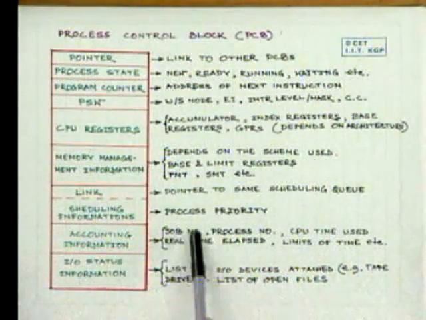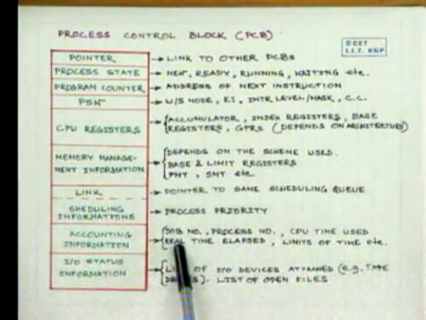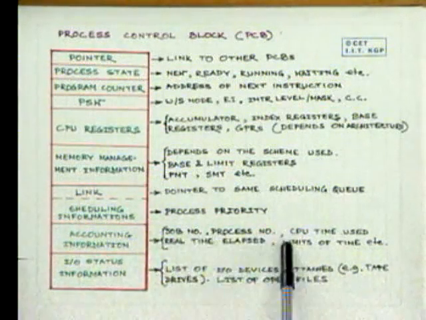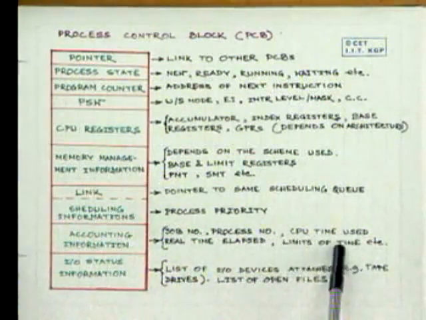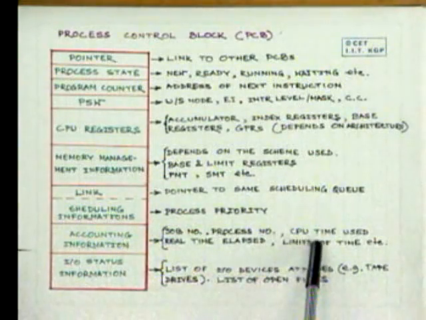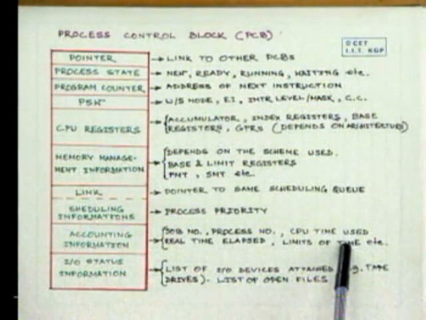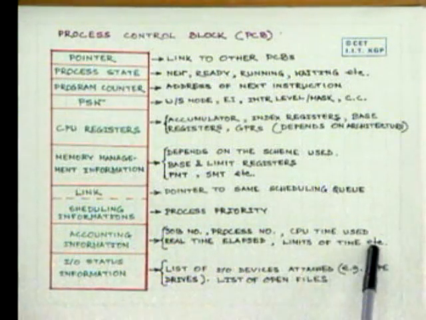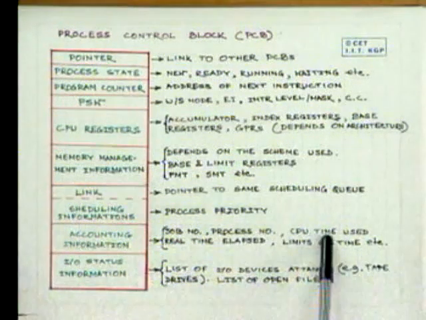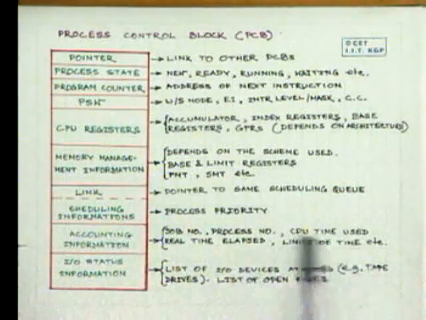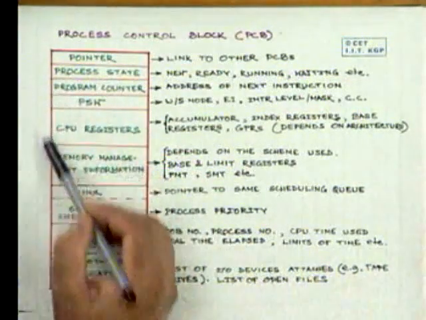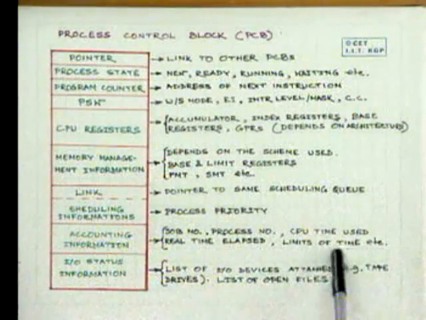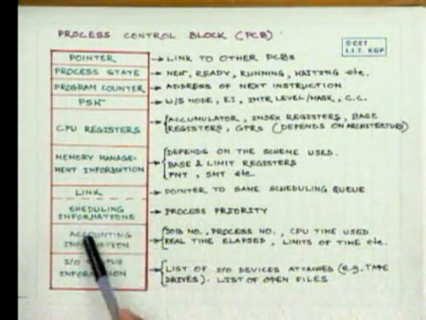Limits of time, that means how much time is permitted for this particular process, possibly the CPU time permitted to be used by this process, so that if the time limit is exceeded, the process should be ejected out of the system. Such information, the limits of time, can be kept as accounting information here.